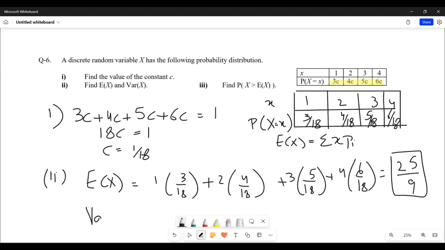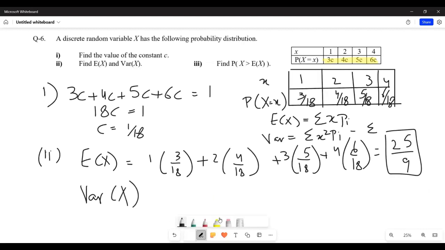Next is the variance. The formula for variance is summation x squared times probability minus expected value squared.